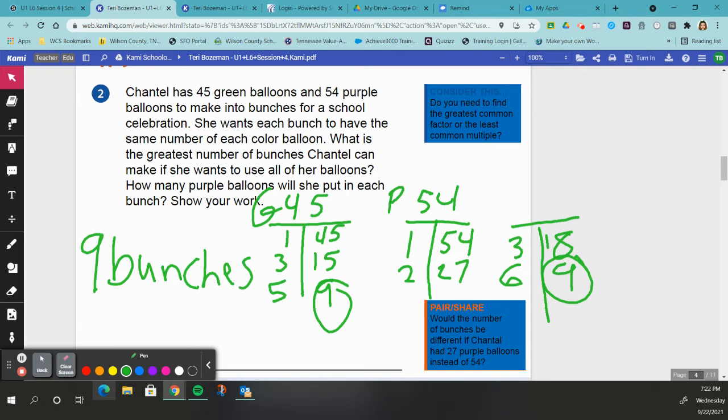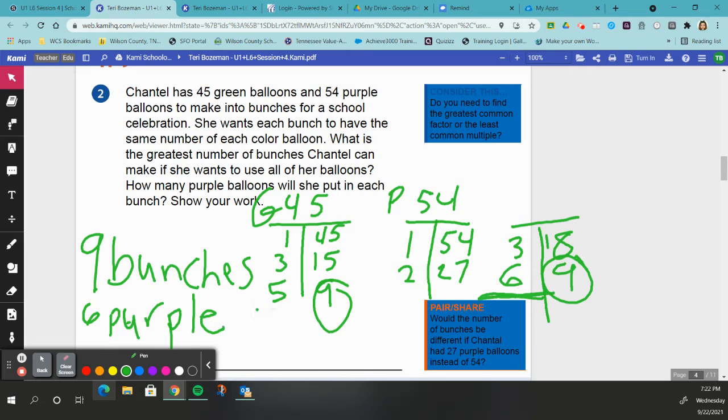So when we have our purple balloons, 9 times 6 is going to get us to 54, right? So there's 6 purple balloons in each bunch. So 9 bunches with 6 purple balloons in each bunch.